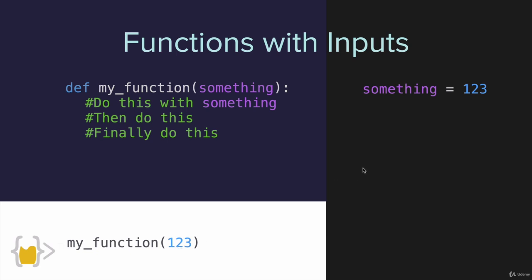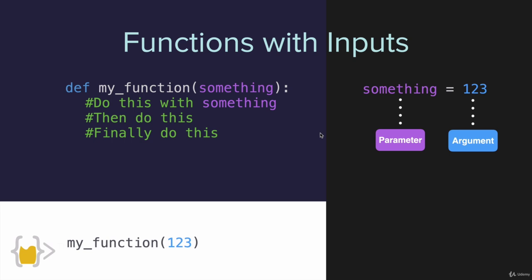Now in programming lingo, you'll hear this being referred to as the parameter, and this piece of data being referred to as the argument. Now the argument is the actual piece of data that's going to be passed over to this function when it's being called, whereas the parameter is the name of that data, and we use the parameter inside the function to refer to it and to do things with it.